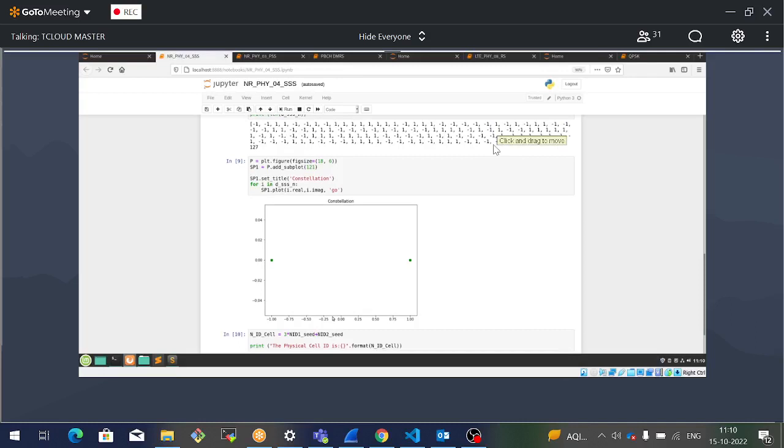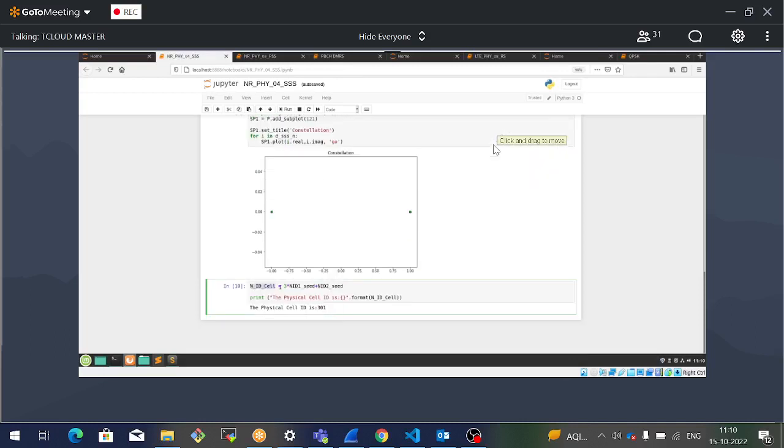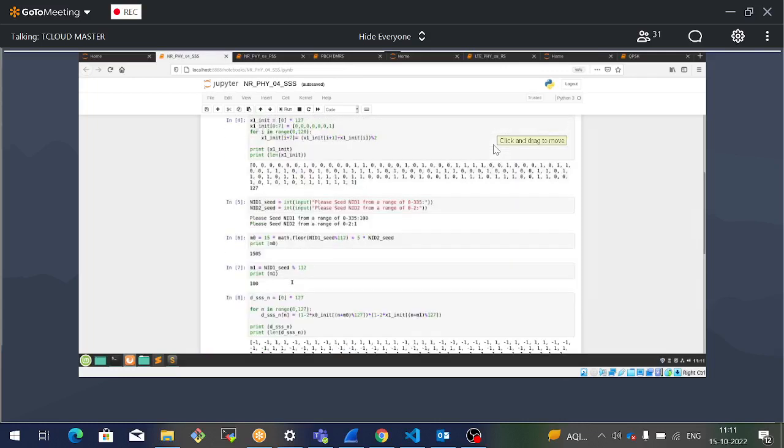And from that you can calculate NID, which turned out to be 301 if you substitute those NID values, NID1 and NID2 respectively. For example, if you change them, everything changes.